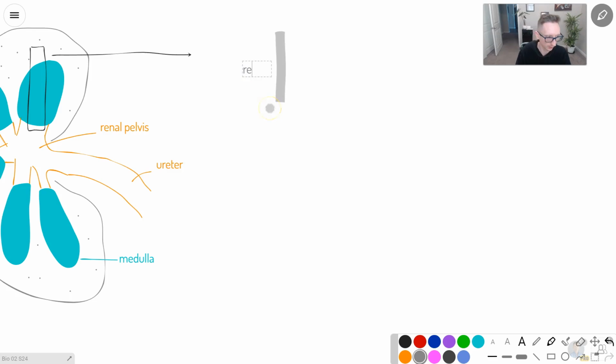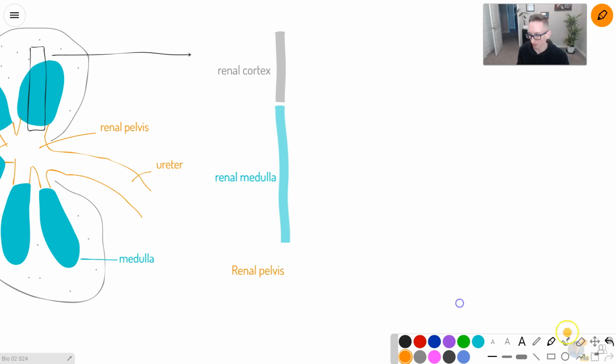This will be the renal cortex. Then we're going to have the renal medulla. And then we'll have the renal pelvis down here.